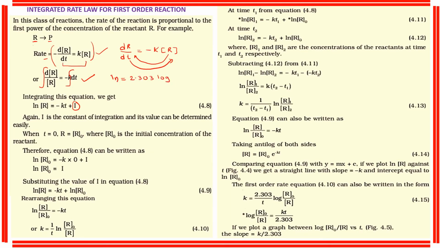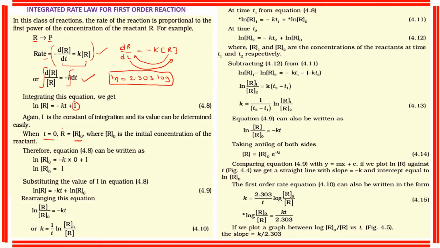We will substitute this value later. So after integration, ln R is equal to minus Kt plus I. Now just like in the zero order reaction, take t equal to 0 and the concentration of R equal to R naught.